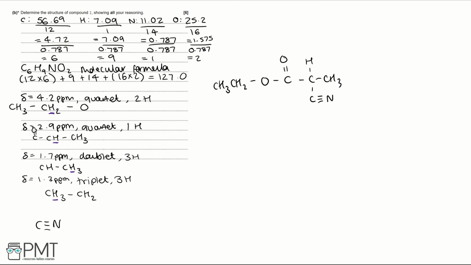So if we look at this first one here, we have got our first proton environment, our quartet splitting pattern with a chemical shift value of 4.2 because it's connected to this oxygen. Then if we move along, we have our proton environment here from our hydrogen. It's connected to this carbon double bond oxygen, and it will have a quartet splitting pattern because of this CH3 group.